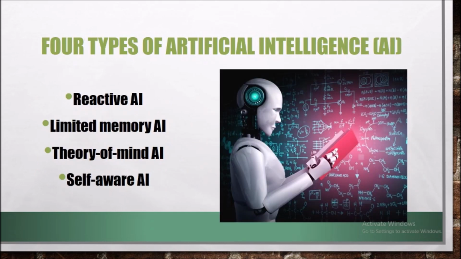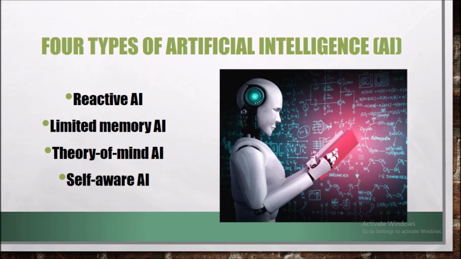Okay, there are 4 types of artificial intelligence. We have reactive AI, limited memory AI, theory of mind AI, and self-aware AI. Okay, take note. Maybe most of you here generalize the idea of an AI as something like a human-like robot. No, AI can be in the form of a rectangle alone or a ball or something.